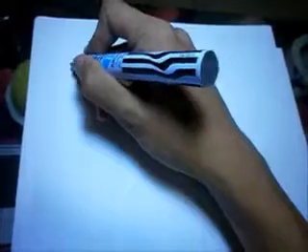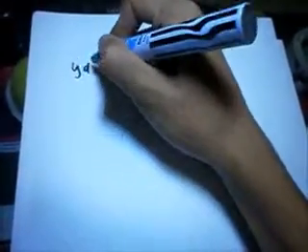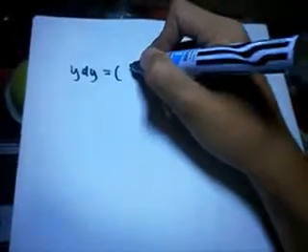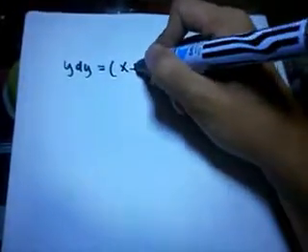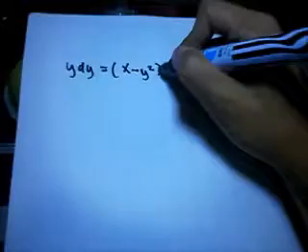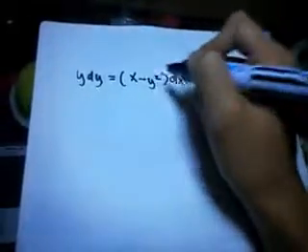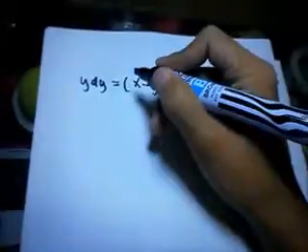Okay, so let's solve another first order differential equation. I have here this equation, y dy is equal to x minus y squared dx. Let's manipulate this equation and transfer the right hand side function into the left hand side.